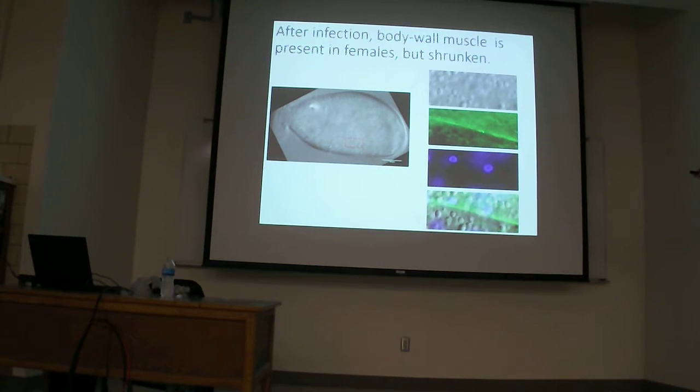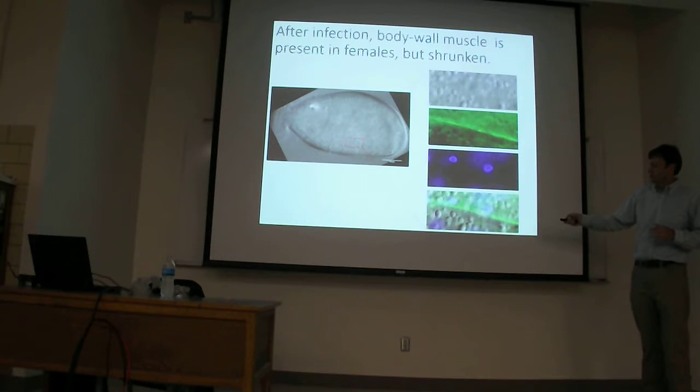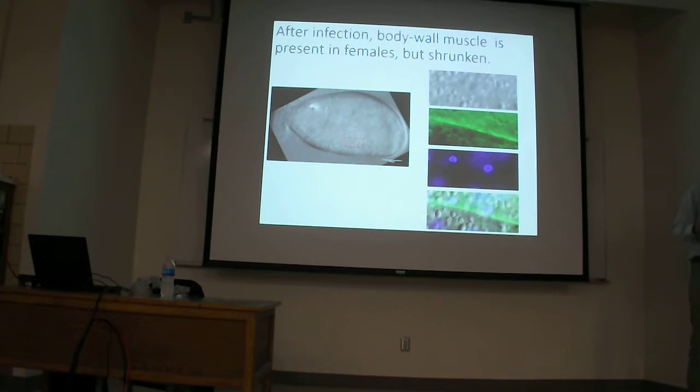The width of this is approximately 1/10 the width that it is in the J2 stage. So it does appear that there's atrophy occurring in the female. These are just muscle nuclei, so the muscles do not completely degenerate. It doesn't appear that there's any apoptosis in the muscle tissue, at least by J4.